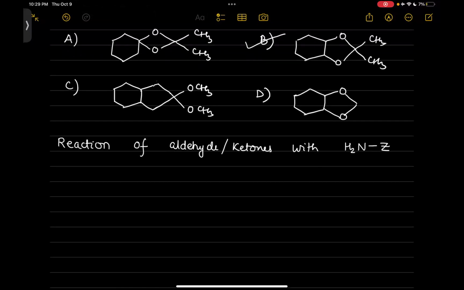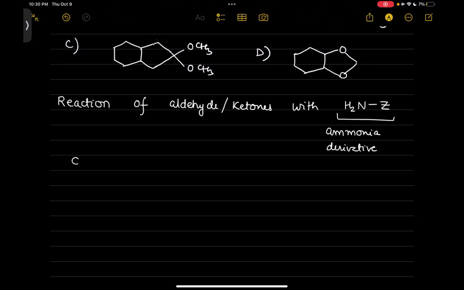Okay, the pattern of reaction in this whole group is going to be the same. So, reaction of aldehyde and ketone with NH2Z, and I'm collectively calling this NH2Z an ammonia derivative. Okay, reaction with ammonia derivatives. Is it clear or not? So what reaction are we going to have? Writing the product of the reaction is very easy.